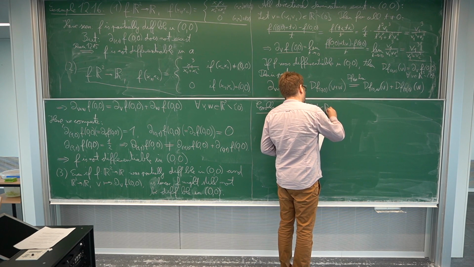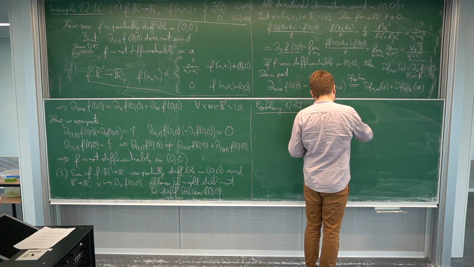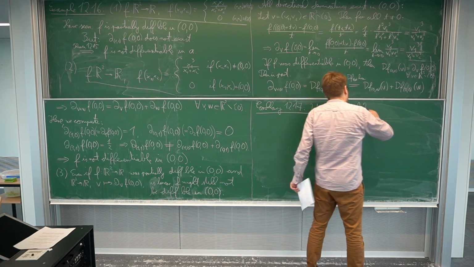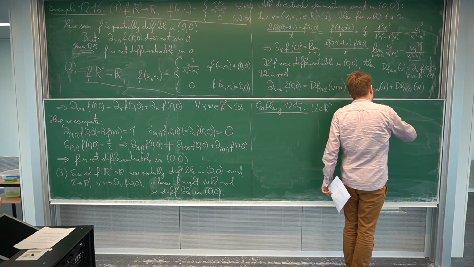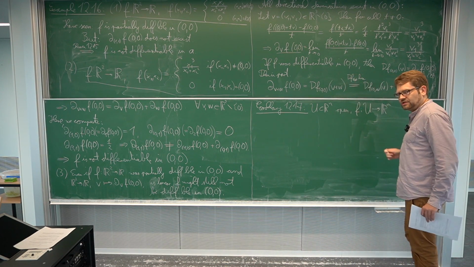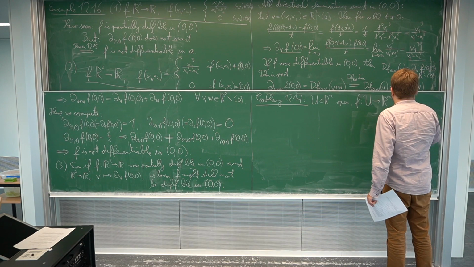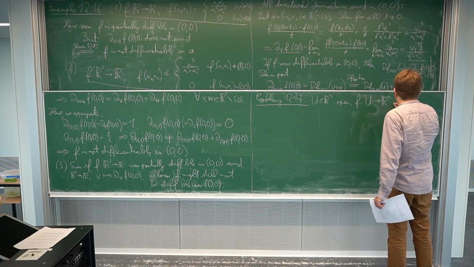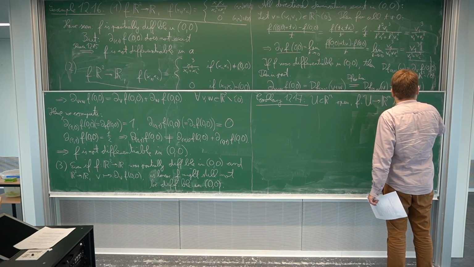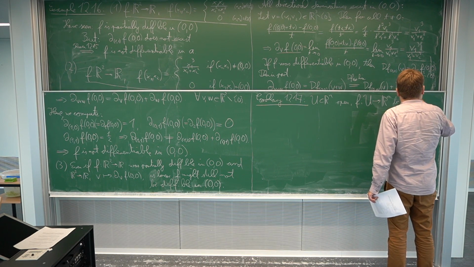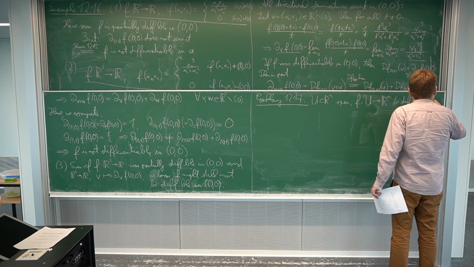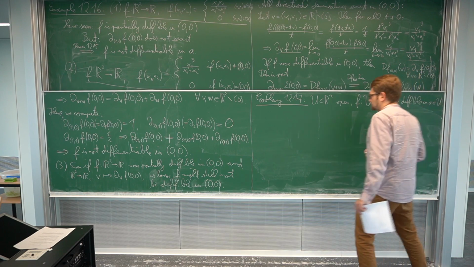Assume U is an open subset of Rn, and assume that f goes from U to Rm, where m and n are arbitrary natural numbers, and assume that f is differentiable in a point A in U.